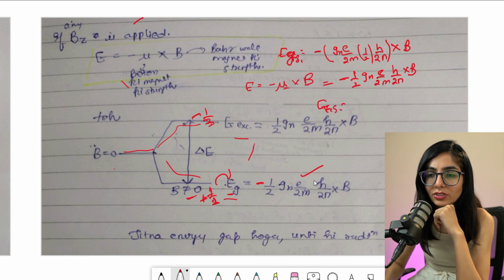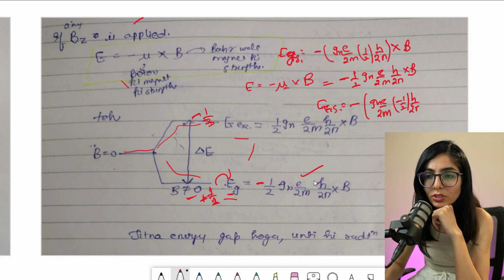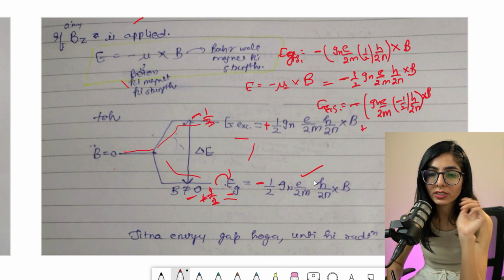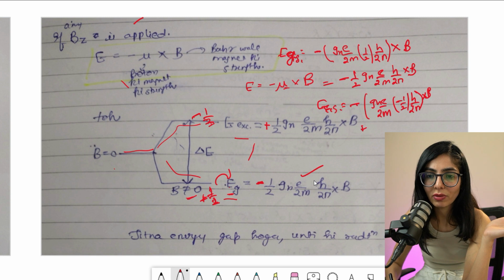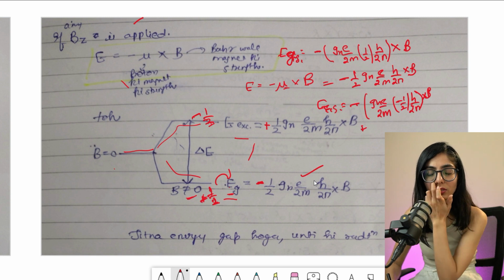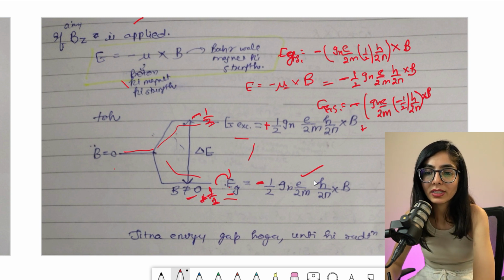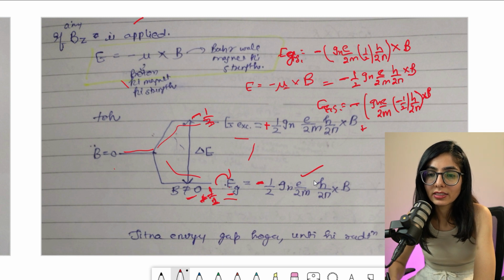you'll put Gn e by 2m minus half h by 2 pi into B. So this minus will become positive. You can see over here. Always remember it is plus half, minus half for the spin, but in energy this sign will change. Never think that since minus half is there, you will write minus half over here.